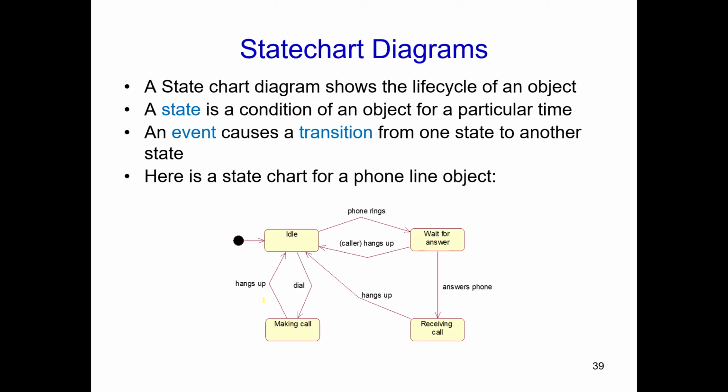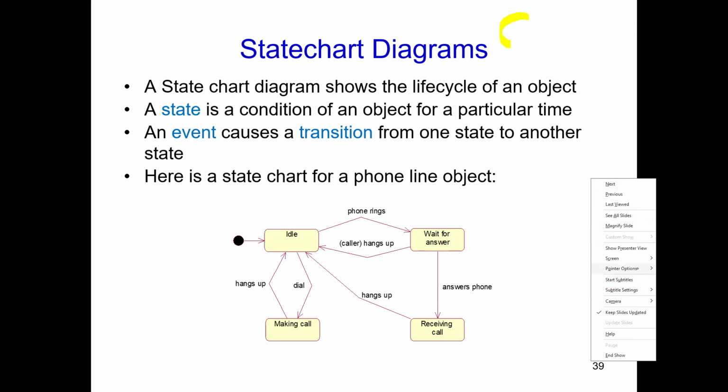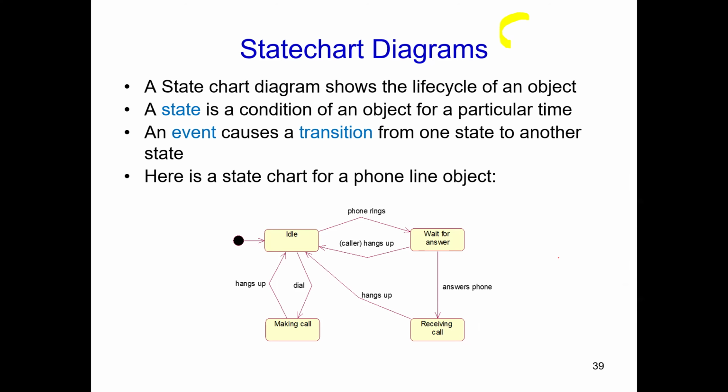So for example, if you were to represent the state chart of a single machine, you can say, okay, this machine will have two states: state one, busy, and then state two, idle.